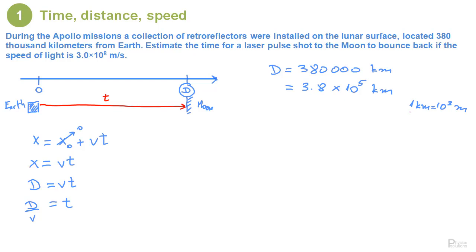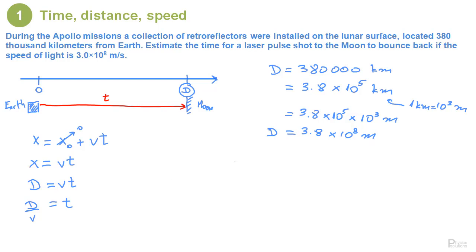So 1 kilometer is 1,000 meters, 1 kilogram is 1,000 grams, and so on. Alright, so I want to replace that, and I get 3.8 times 10 to the 5th times 10 to the 3rd meters. These powers of 10 can be combined, and for that we simply add the exponents. So this is 10 to the 5 plus 3, which is 8, so this is 10 to the 8th power in meters. So now we have the distance between the Earth and the Moon in meters, which is what we need.